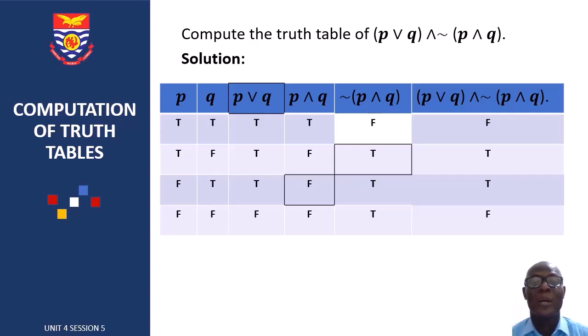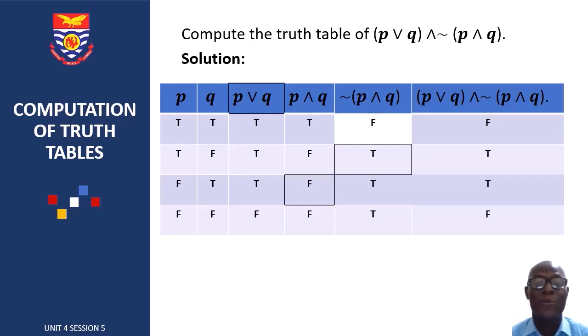So let's look at the columns. P disjunction Q, the conjunction, negation of P conjunction Q. Now if P disjunction Q is true and the negation of P conjunction Q is false, since both of them are not true, the conjunction is false.